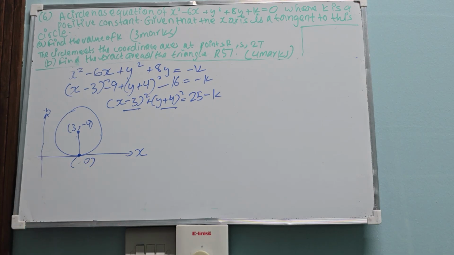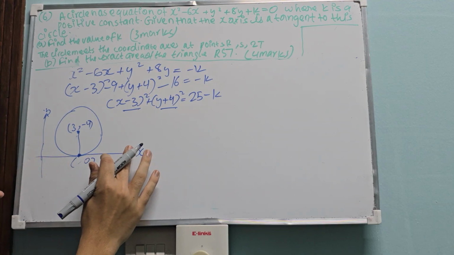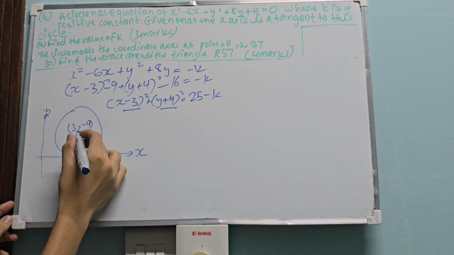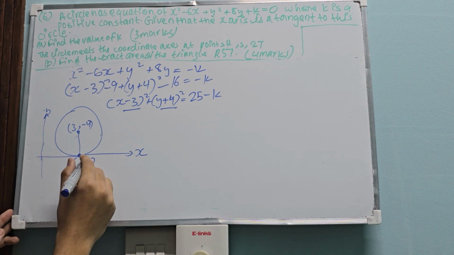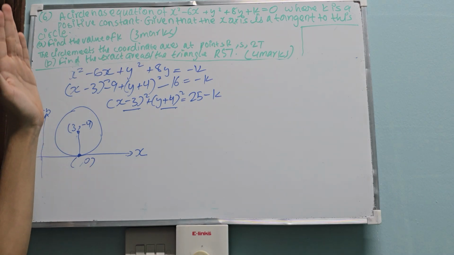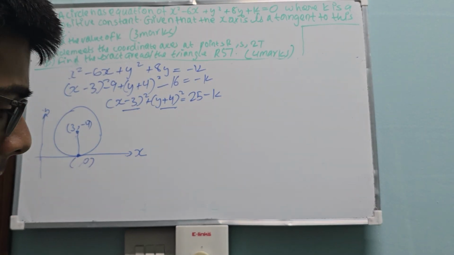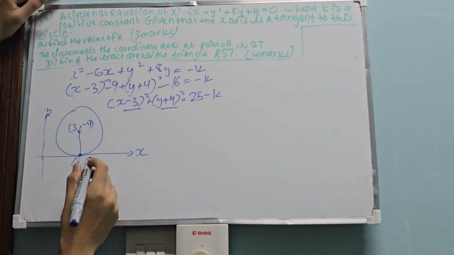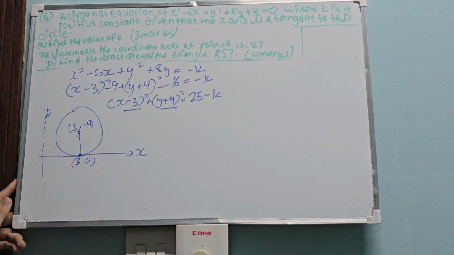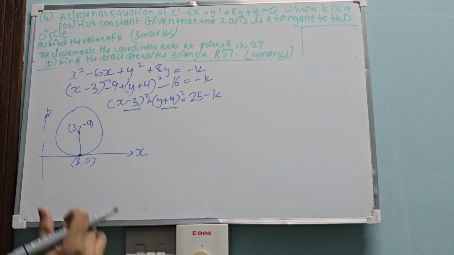Now how can we find the x coordinate? Well, if it is a tangent, the radius of the circle to the tangent is going to be perpendicular. Now if it is perpendicular, that means the x coordinate is going to be 3, so the point is 3 and 0. This is the point where the tangent and the circle intersect.